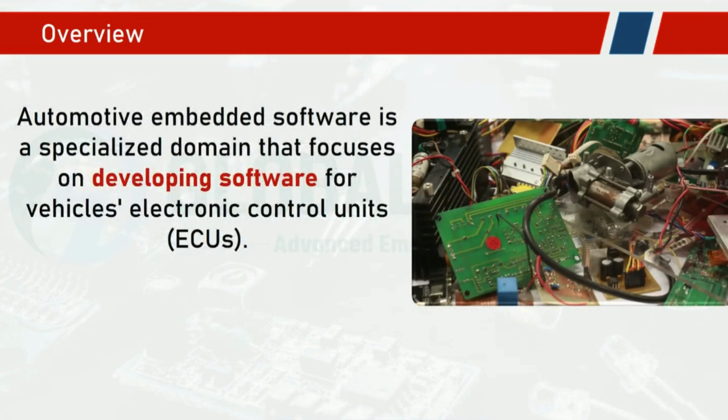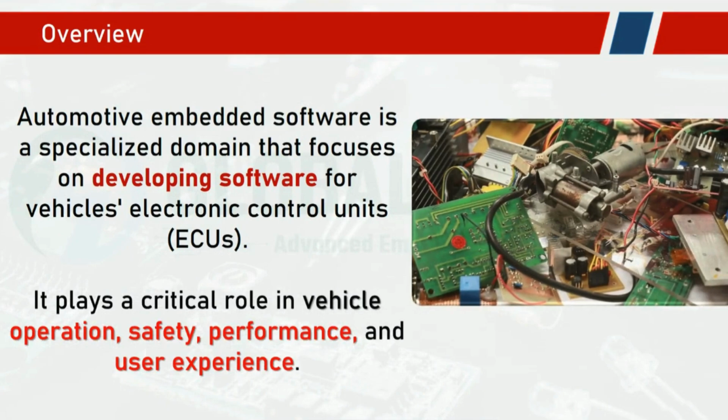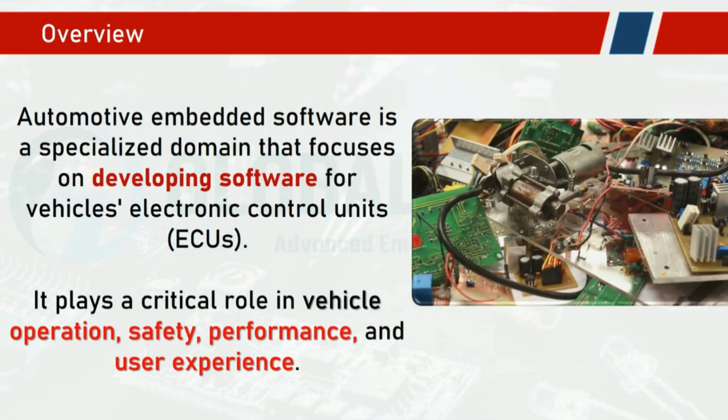The overview: automotive embedded software is a specialized domain that focuses on developing software for vehicle control units, and it plays a critical role in vehicle operation, safety, performance, and user experience.